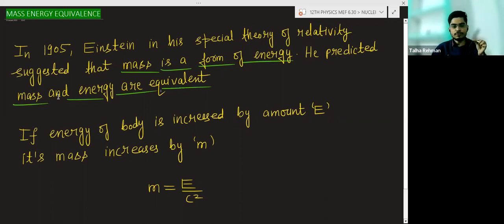What is the meaning of mass-energy equivalence? If you are giving energy to this mass, the mass of this object will increase.